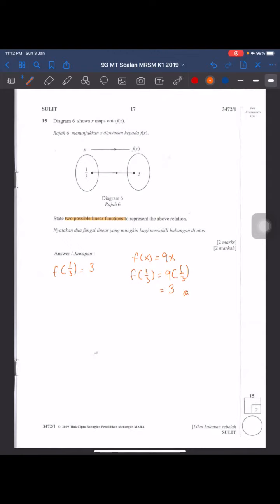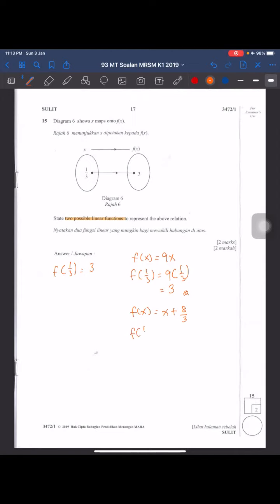Next, apa lagi fx yang membolehkan kita dapat 3 bila kita substitute 1/3. So, for example, fx equals to x plus 8/3. Boleh tak?